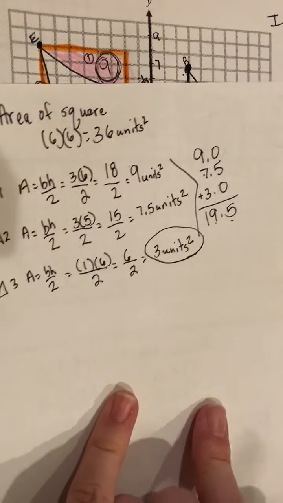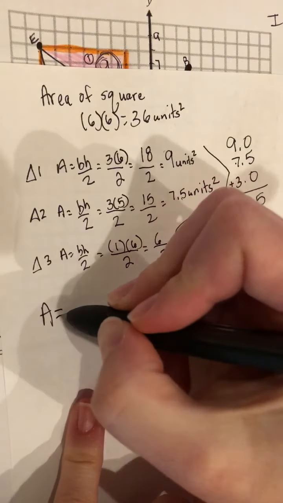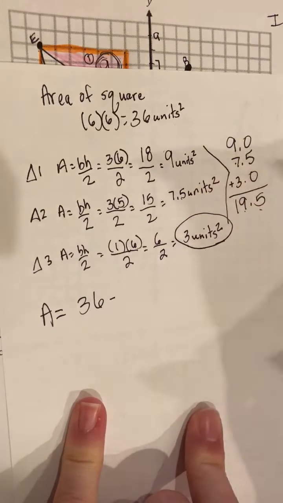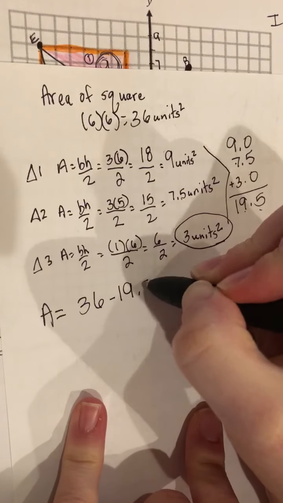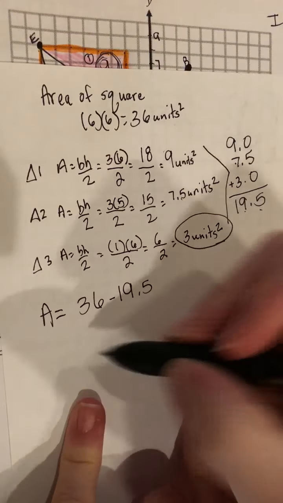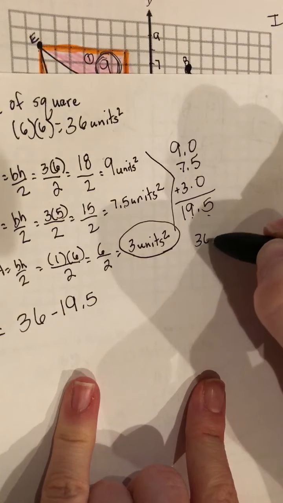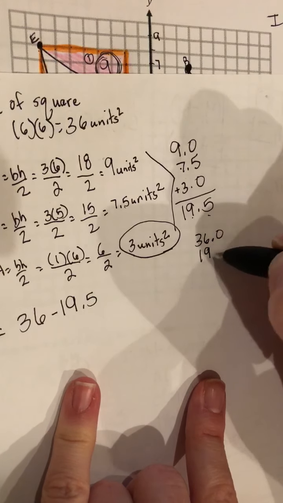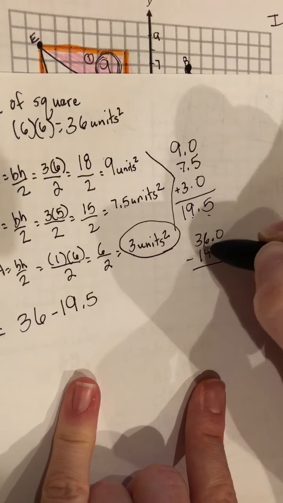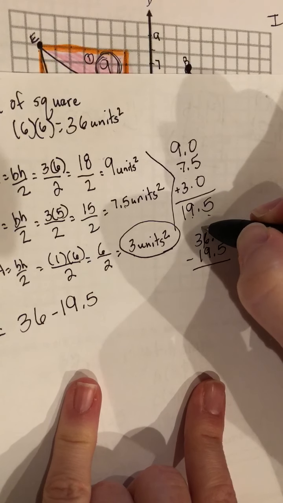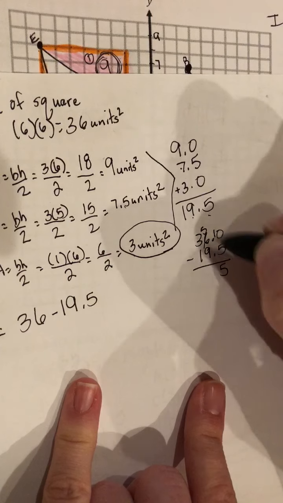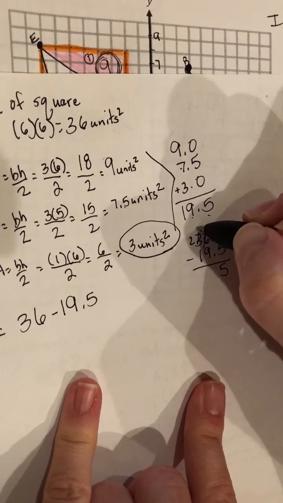So I'm going to take area equals 36 minus 19.5, and I'll just set it up over here. 36, placeholder 0 for that 0.5. Bottom bigger, better borrow. 5, 10, 5. Bottom bigger, better borrow.